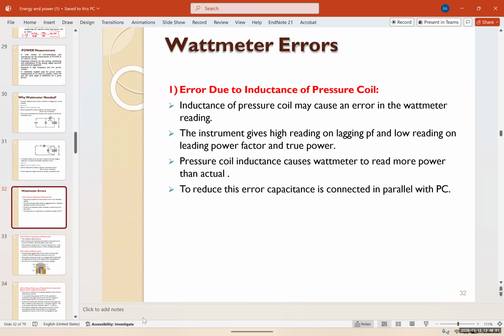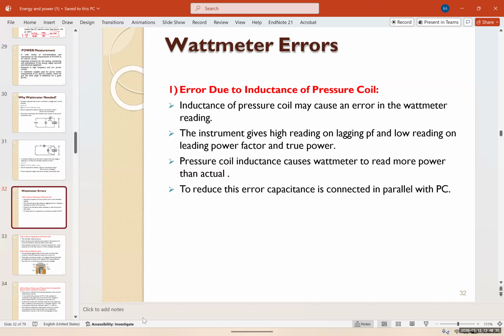Pressure coil inductance causes a wattmeter to read more power than actual. To reduce this error, capacitance is connected in parallel with the PC, or the pressure coil. But this only works when you have a lagging power factor, for example. It doesn't work when you have a capacitor.